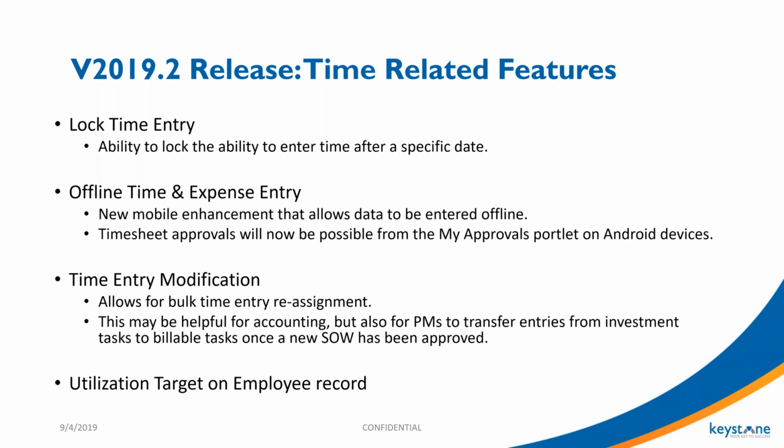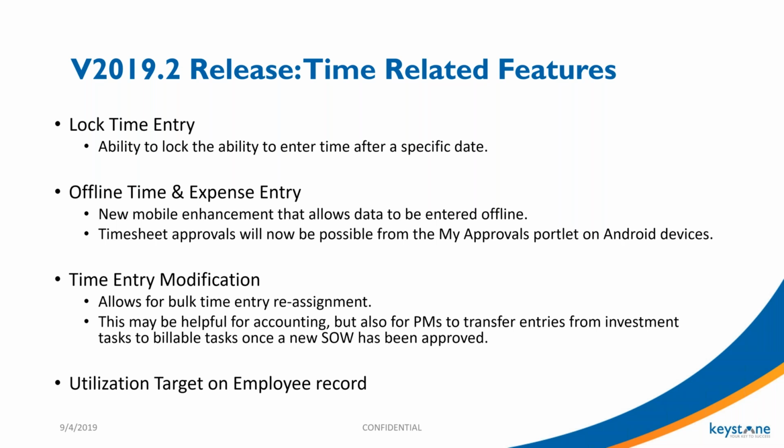It could have been done with scripting, but as anyone who talks to us about scripting on time records knows, we try to avoid, if at all possible, writing any scripts on time records because they're rather difficult to script. But anyway, now there'll be this new feature which you'll be able to set, which will say, I want to block someone from being able to enter time as of some date in the past.